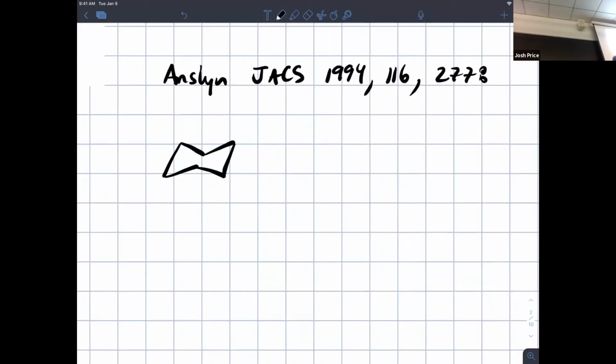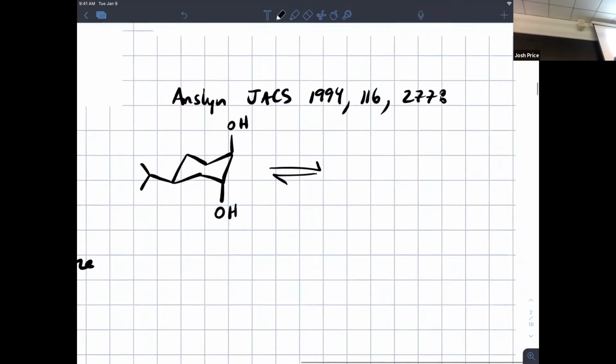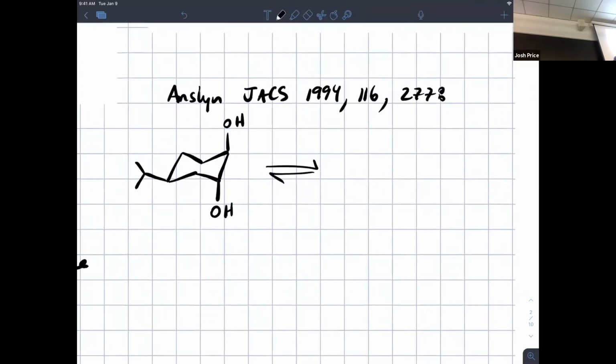And I think you'll look at it and you'll say, oh, that's kind of cute, or kind of clever. He put an isopropyl group at an equatorial position, and then in the same molecule, he had 2 trans-diaxial OH groups, right? And he reasoned that in the conformation where the OH groups were axial, they could not hydrogen bond with each other.